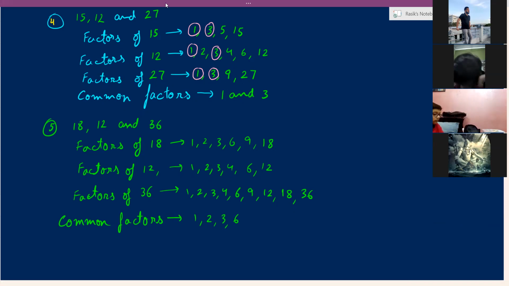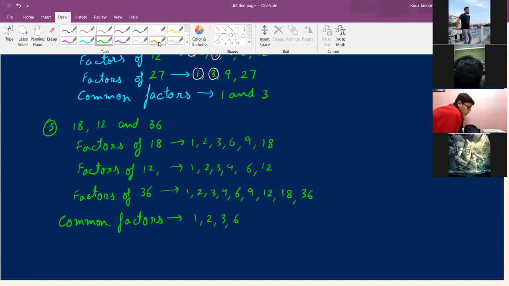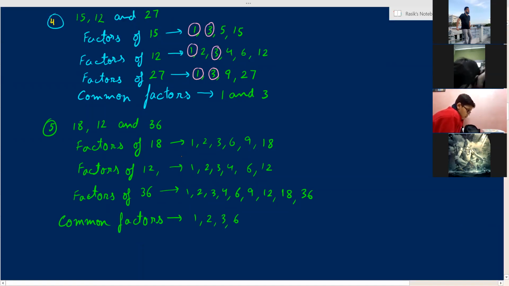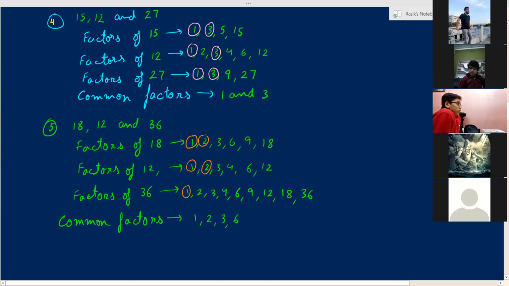Let me highlight the common factors for you all. See, these are the common factors: 1, 2, 3, 6, तीनों में आ गया. 4 को कॉमन फैक्टर बोल सकते हैं?